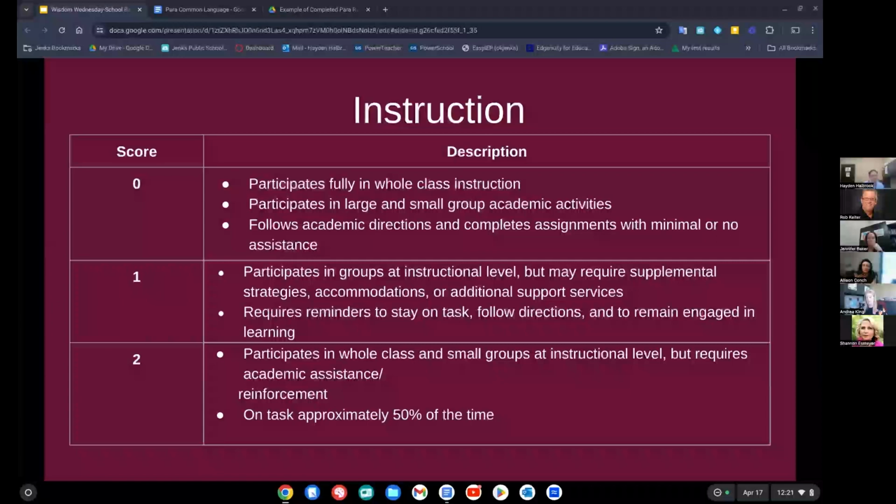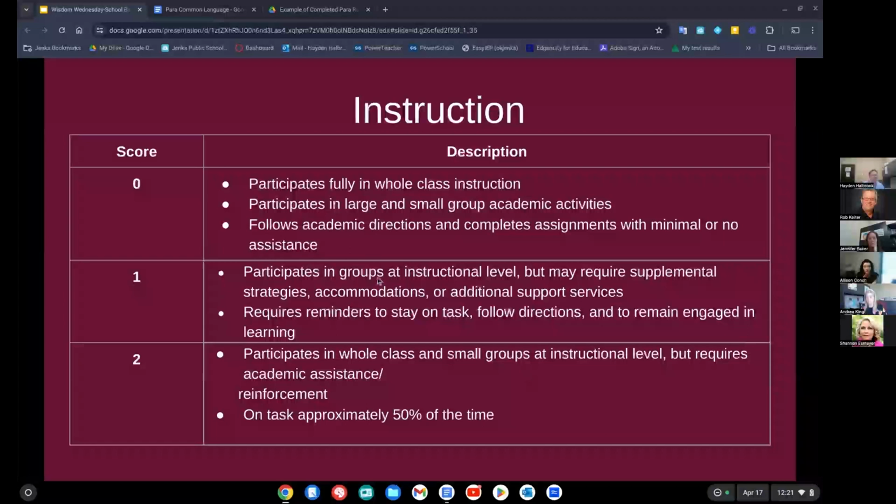So if it's a student that might be in, say, a concepts or a self-contained class, but they're able to focus and participate fairly independently at their level, at the things that are appropriate for their level, then they may get a 0 or a 1 on this rubric, because based on their appropriate placement, they're able to do these things without the additional adult support. Is that right? That is correct. Okay. That is how I would argue this.